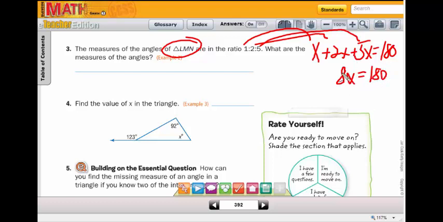So we're going to divide both sides by 8. Divide by 8. x equals 22.5 degrees. Now our first one was in the ratio of 1, so we know that our 1x is going to be 22.5 degrees. Don't forget your degrees.